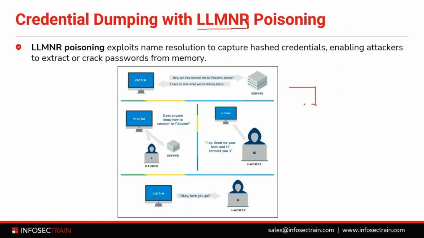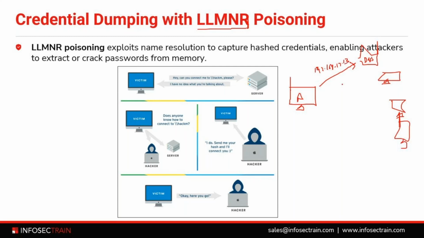So let's say there is a user and there are multiple devices in the network. Out of those devices, one of the devices is the DNS server, right? So user A says, I want to find out where 192.168.12.13 is, right?